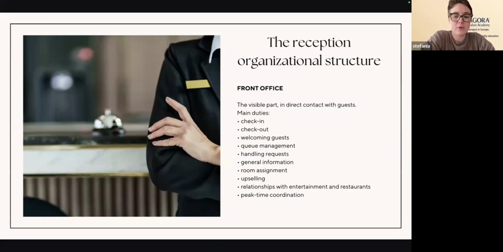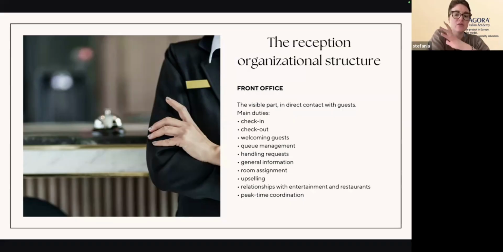Or, for example, for the taxi driver, usually when you work in a hotel, you keep a list with preferred restaurants, preferred taxi drivers, and sometimes big hotels, when they give a lot of work to external partners, take a commission to let them work with this partner. And peak time coordination.